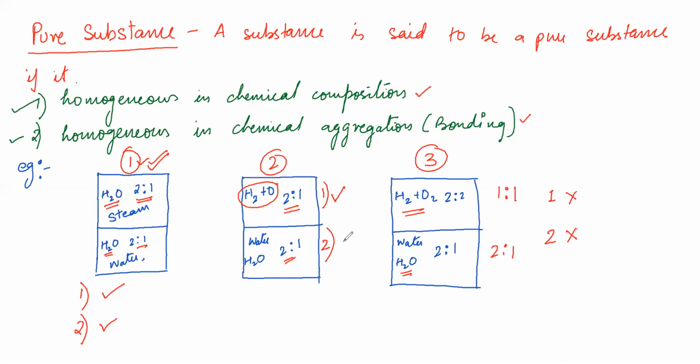So the second criteria is not met in the second case, as the chemical bonding is different. So the second and third are not cases of pure substance. Though it may be some substance, it cannot be considered a pure substance. In the coming chapters, we'll also define the properties of the pure substance and how it works in that particular manner.